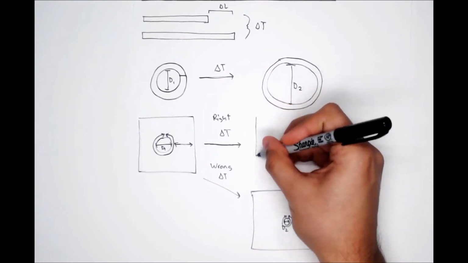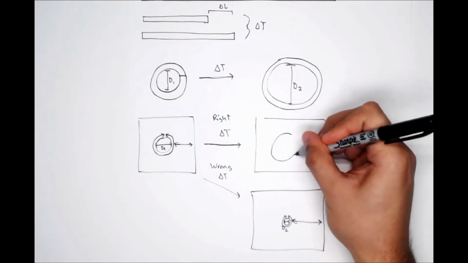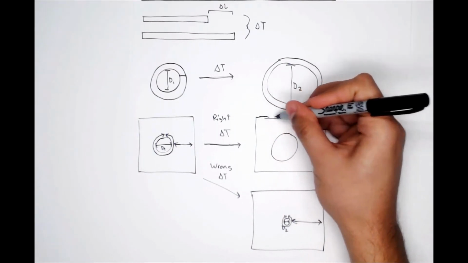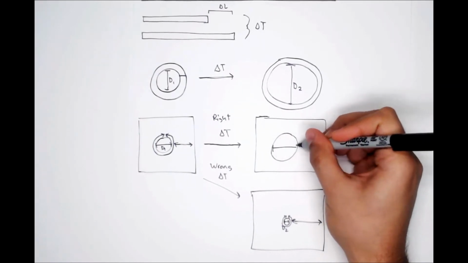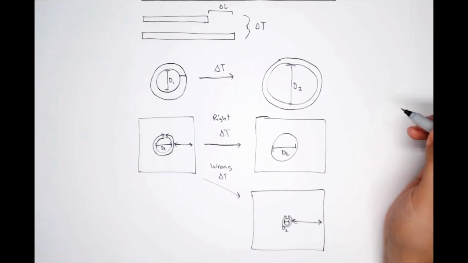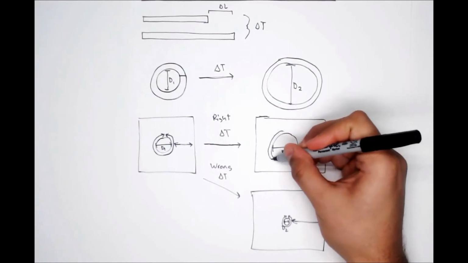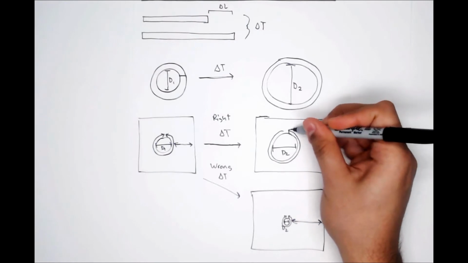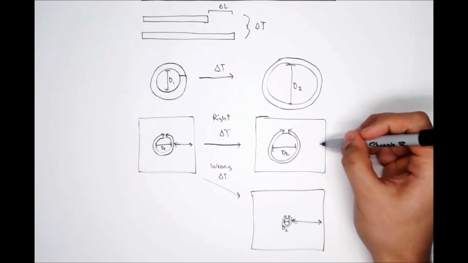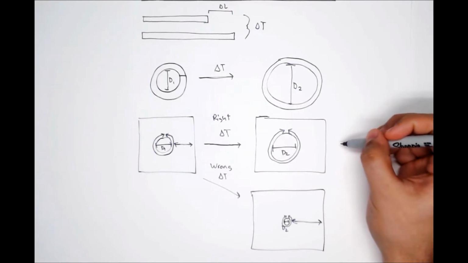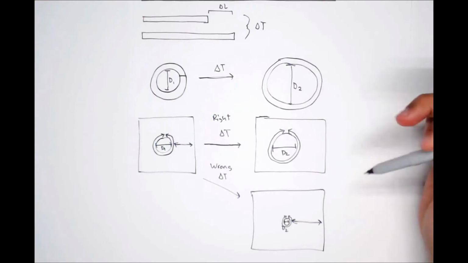So the other option, the correct option, is to have the hole actually get bigger. And in fact, the dimensions of the whole plate will also expand. So now we're going to have this as D2. This works because now the material along this perimeter has expanded. As far as this side material, it can also expand. So the hole can get bigger and the whole plate can also expand out larger as well.